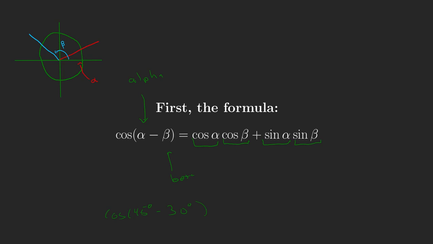So if we take a look at these points, maybe I'll use red for this point, and I'll use blue for this point. The coordinates of these on our circle are cosine beta, sine beta, because we know that on the unit circle, the x value of the point is the cosine output, and the y value of the point is the sine output.